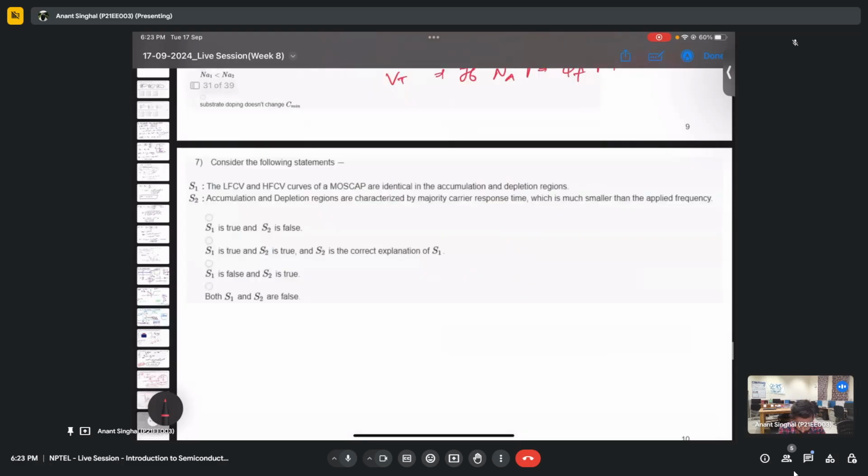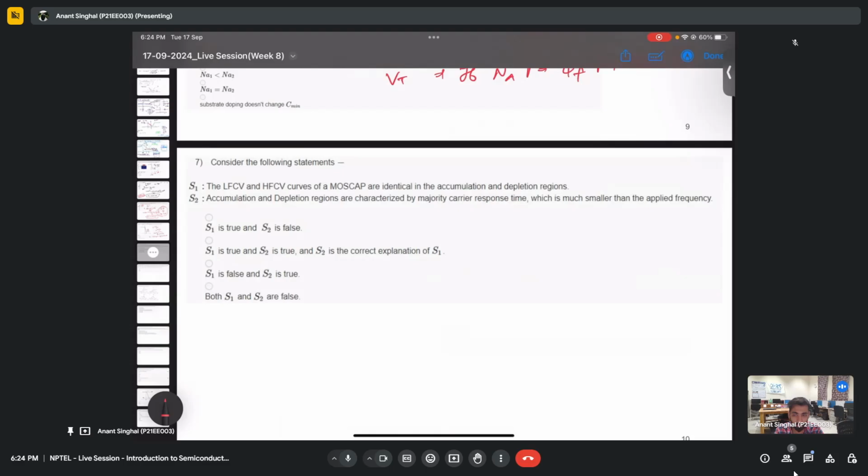This is a straightforward question. Please let me know what you are thinking. You will be able to answer these questions in seconds if you are able to grasp all of this. Any guesses? Both are true.